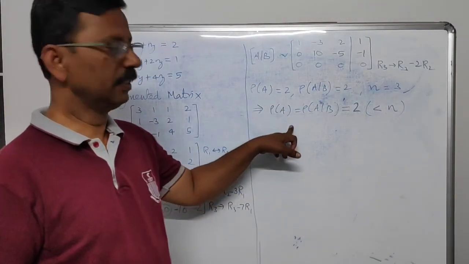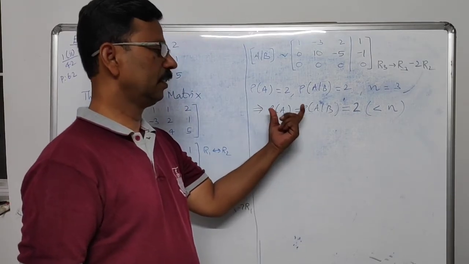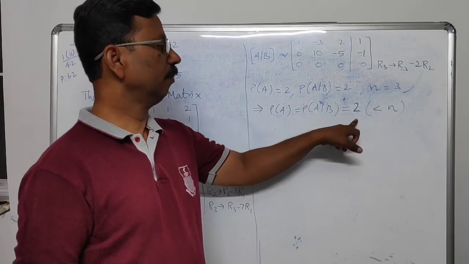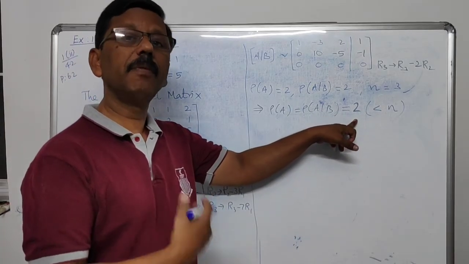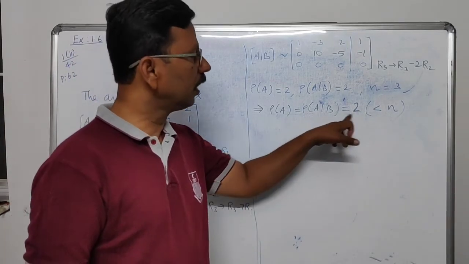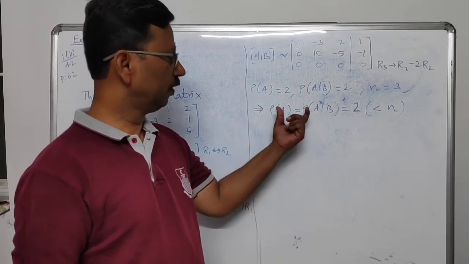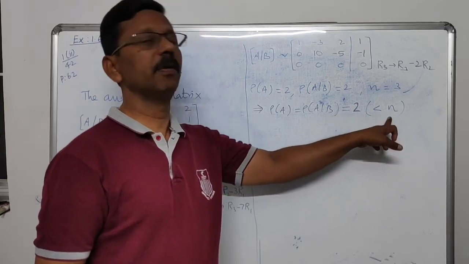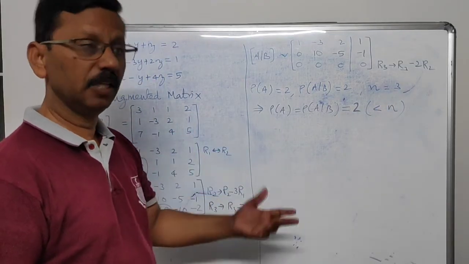Therefore, if these two are equal, definitely the system is consistent. And the rank is less than n means it has infinitely many solutions. If all three are equal, we can say consistent and has a unique solution. If these two only are equal but they are less than the number of variables, the system has infinitely many solutions.